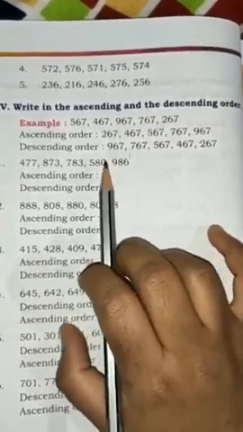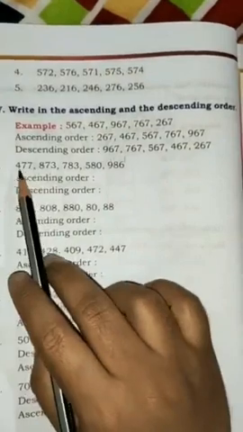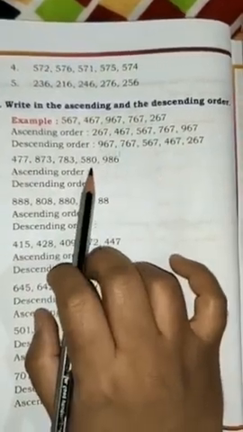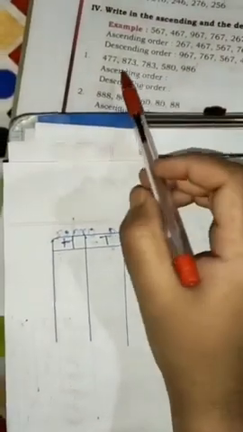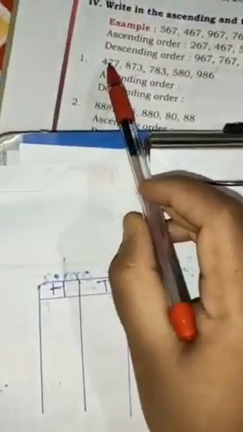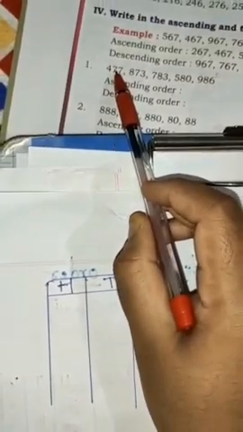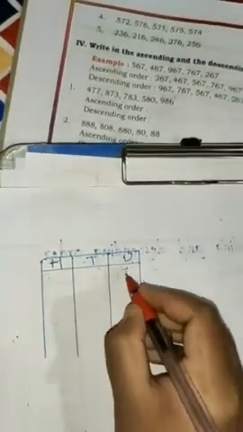Before writing the numbers, what do you have to do? You have to arrange all these numbers in the place value chart. So the first one is 477. So 7 is in the unit place. The 7 is again in the 10 place. The 4 is in the 100 place. So 7, 7, 4.